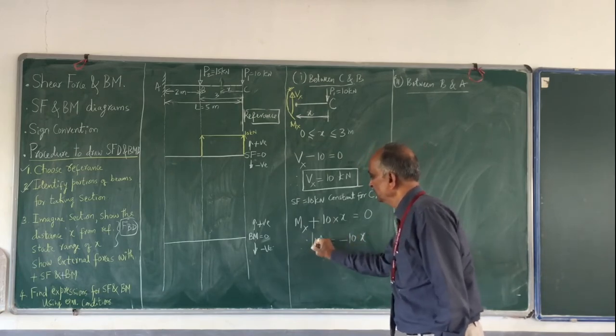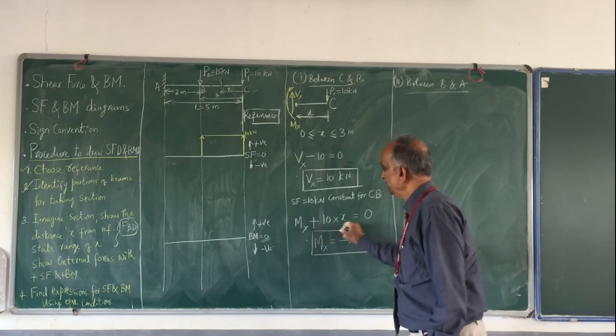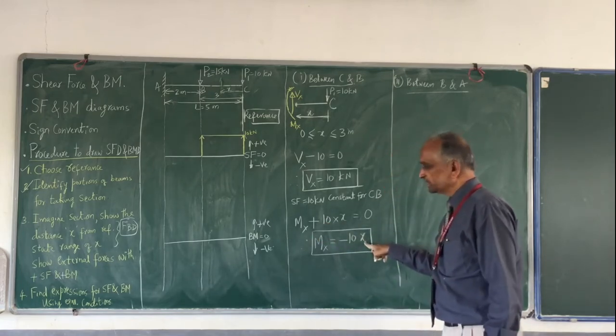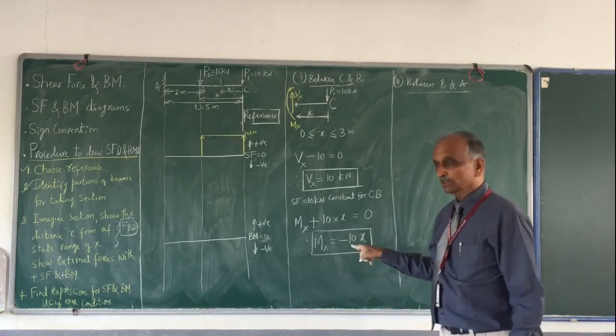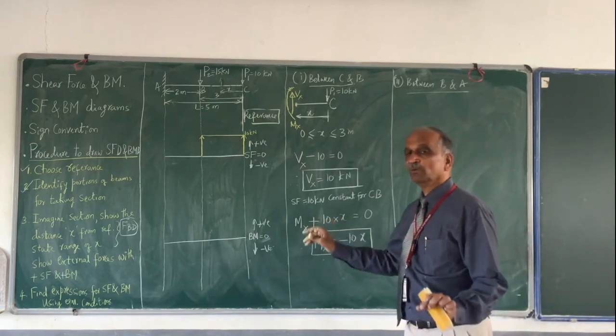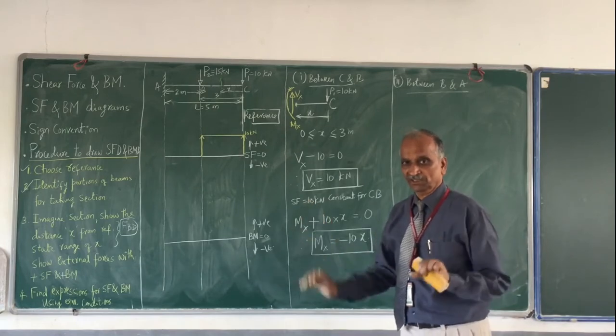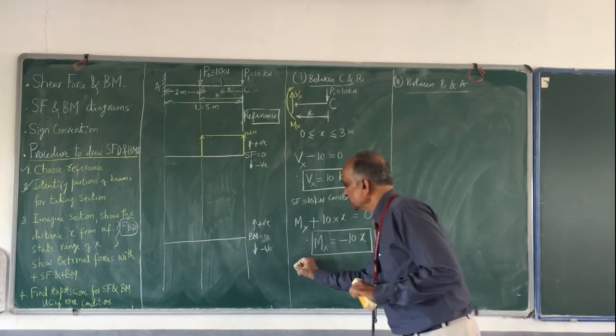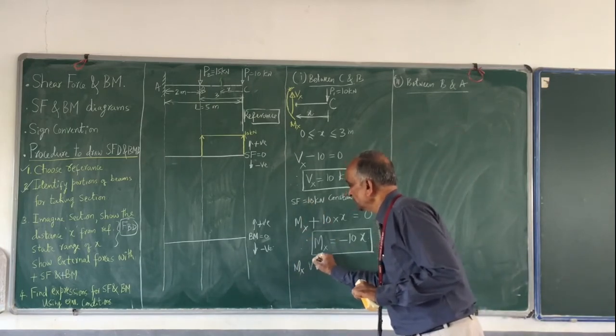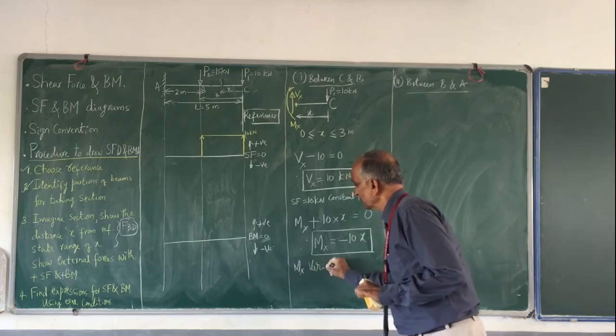Very important, the bending moment. Since I have x here, I can say that the bending moment is not constant throughout the section, it is varying. Mx varies. How is the variation?